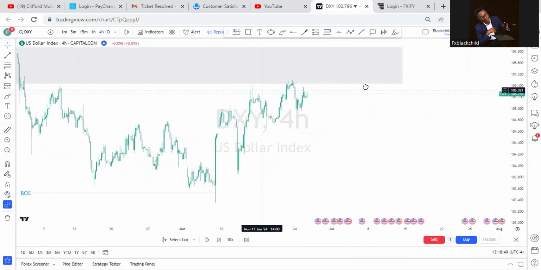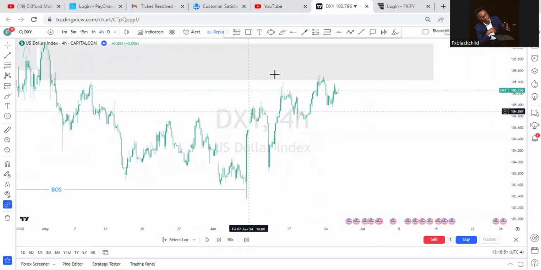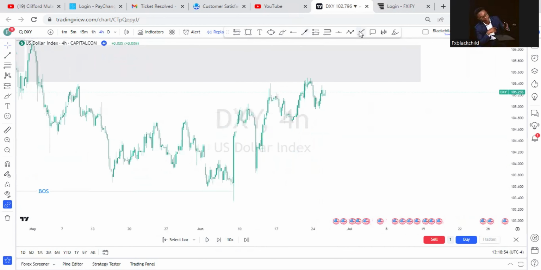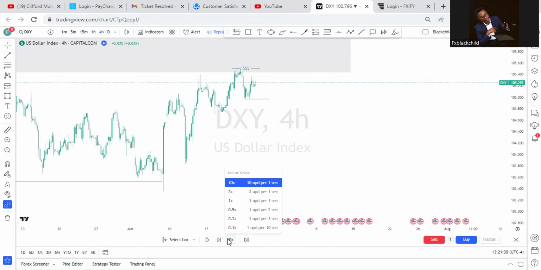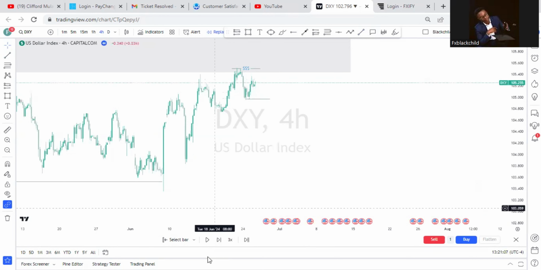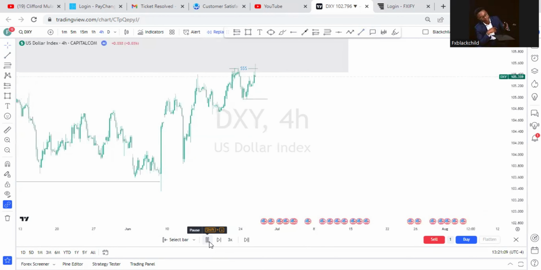What should I do next after seeing price tapping into my zone? The next thing I'm going to do right now is to mark this high. I need to see price trading above this high. All right, so I need to see price breaking this low first. And once price breaks this low, that means I'm going to be comfortable selling.